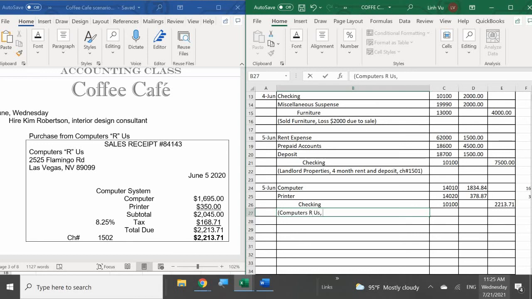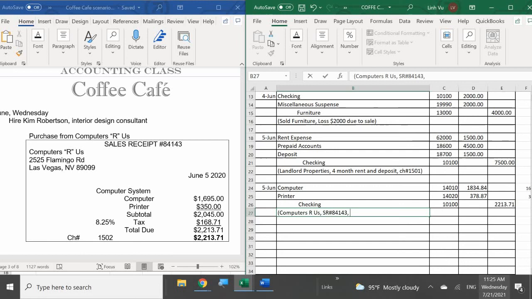Next thing is going to be linking any information that's in regards to the transaction. In this case, I actually have a sales receipt number. I'm going to do SR for sales receipt number 84143, comma.